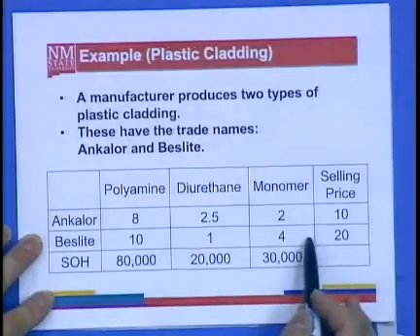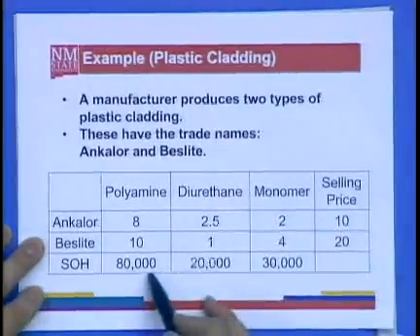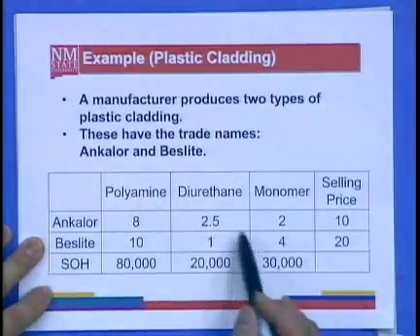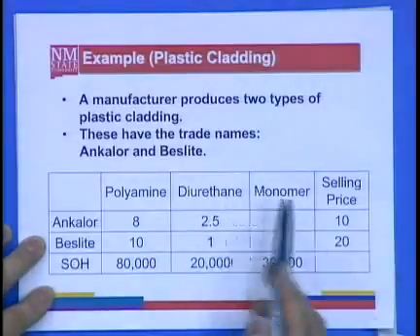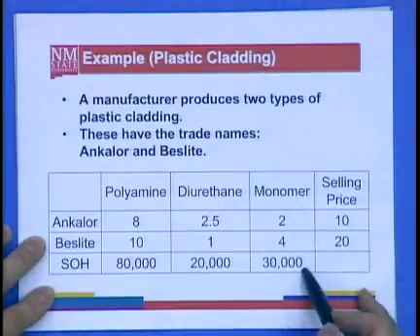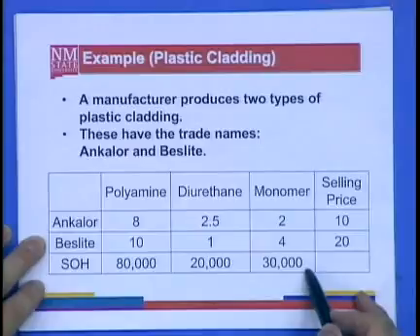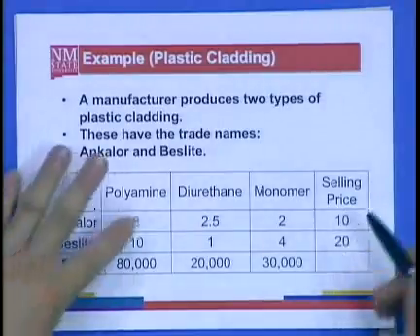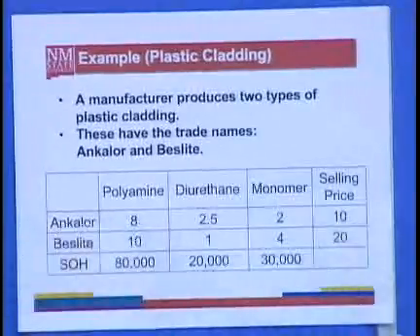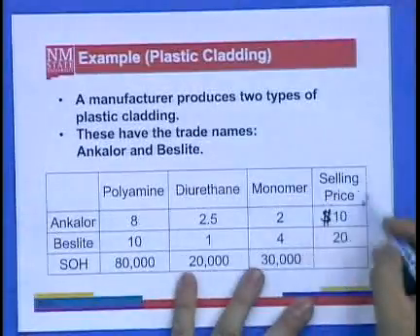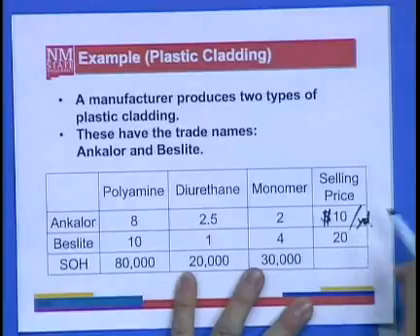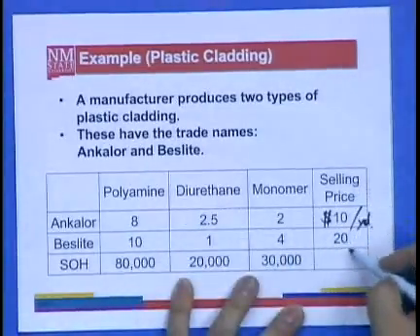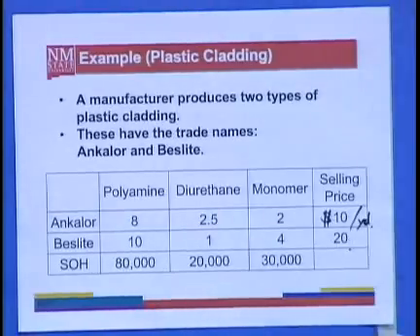And the company has in stock 80,000 pounds of polyamine, 20,000 pounds of diurethane, and 30,000 pounds of monomer. Okay? And the contribution to profit on N-Color is $10 per yard and on Bestlight is $20 per yard. Okay?